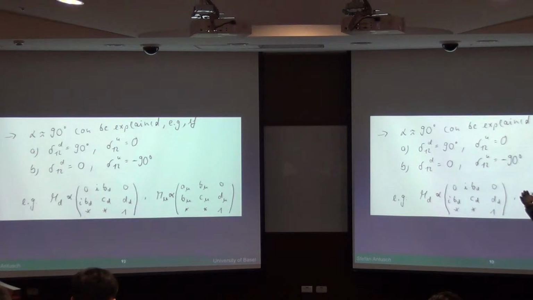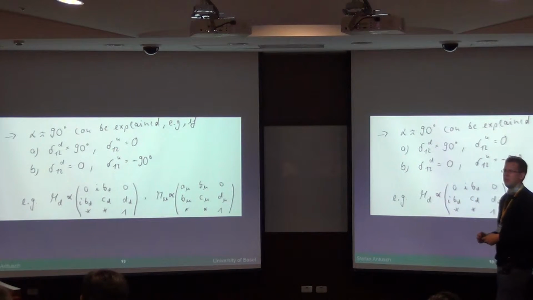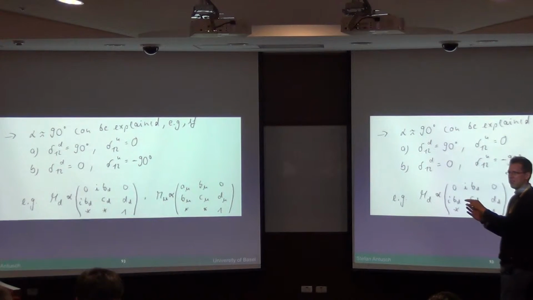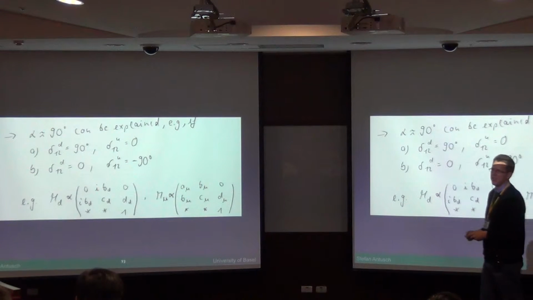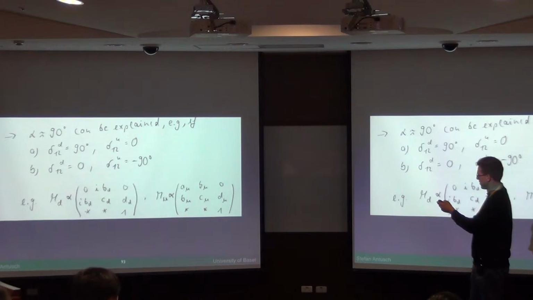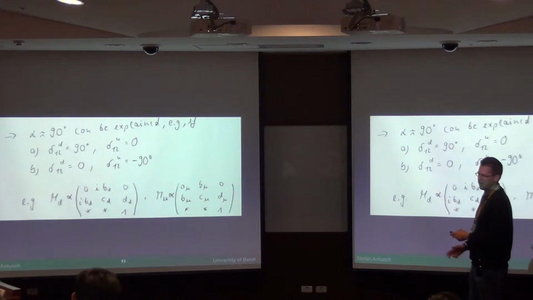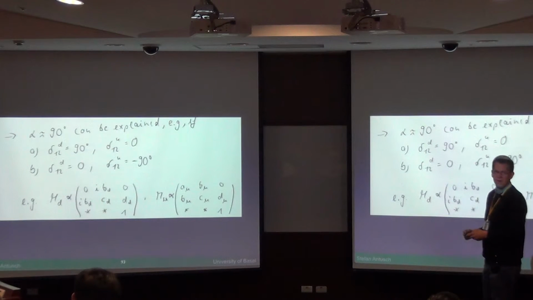So you basically have only one independent CP phase here. Alpha equal 90 degrees translates directly to this delta CKM equals 70 degrees. So you can explain CP violation in the quark sector very nicely with only purely real, purely imaginary mass matrices, for instance, of such a form. And what exactly you need is given by this phase subgroup.